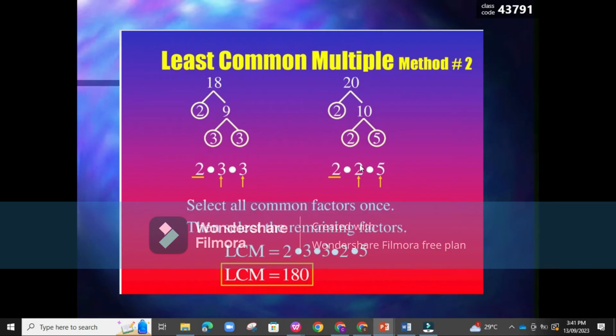Then another 2 here times 2. Then times 5. So the only common prime factor of both 18 and 20 is 2. Then you write it here and then all the rest will be copied. 3 times 3 times 2 times 5. So the least common multiple between 18 and 20 is 180.